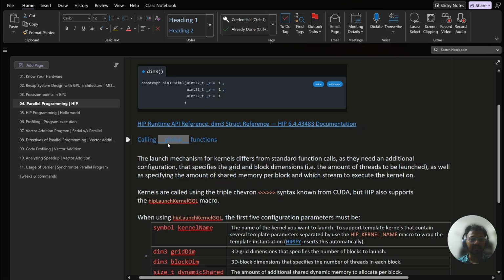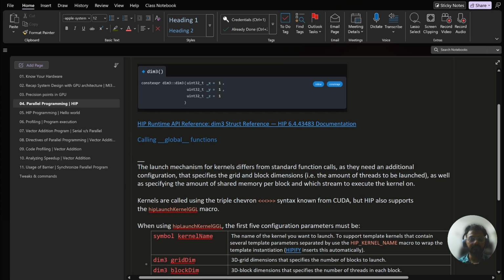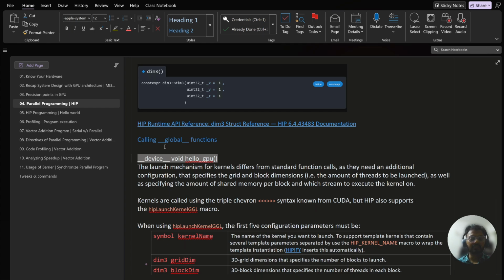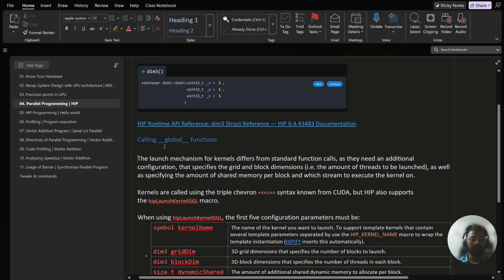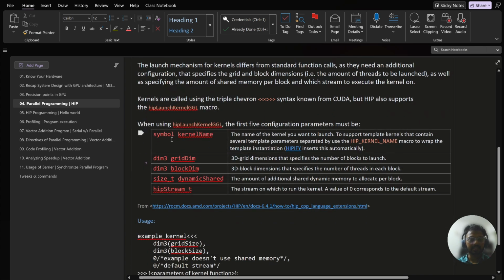If we use device instead of global, and then write our kernel like void hello GPU, the function is only visible and accessible by the device, which is our GPU. And global makes the function available for both GPU and CPU.